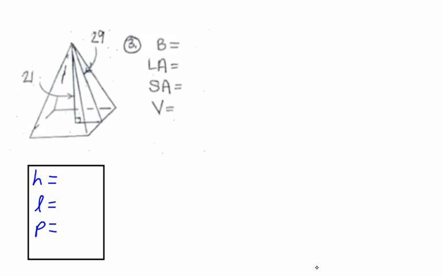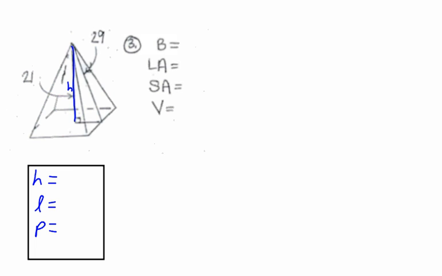I have this one set up to where in our box down here, we need to have the height of the pyramid, the slant height, and the perimeter of the base. If I take a look at this pyramid, this is the height of the pyramid.